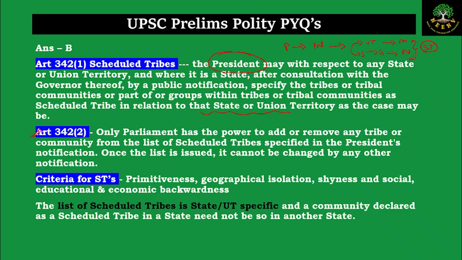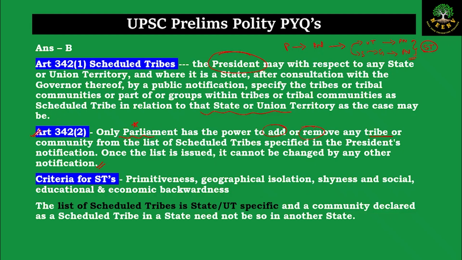And Article 342 clause 2 says only the parliament has power to add or remove any tribe or community from the list of scheduled tribes which are specified by the president's notification. Once the list is issued, it cannot be changed by another notification by the president, because now only the parliament has the power.